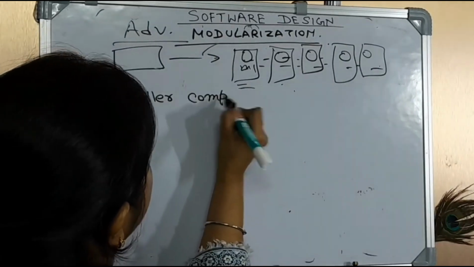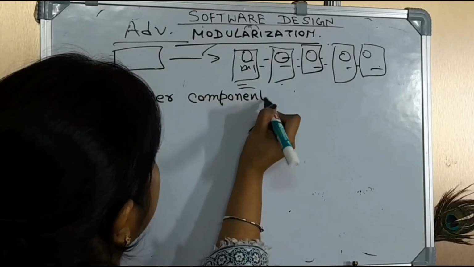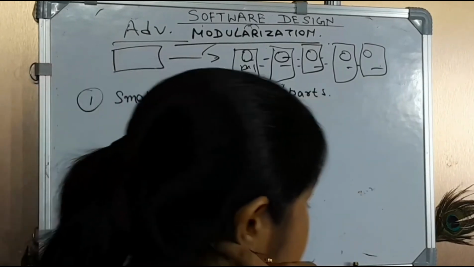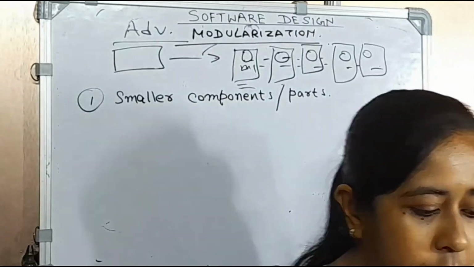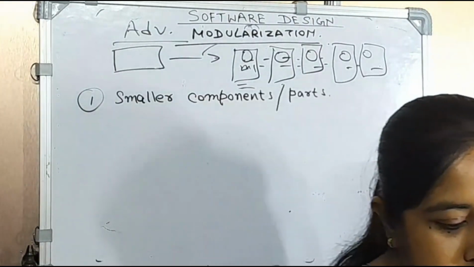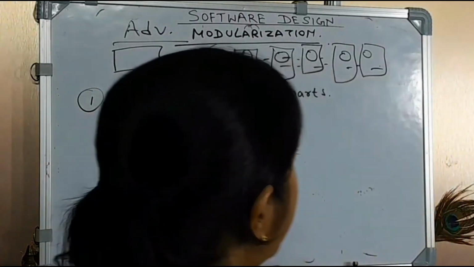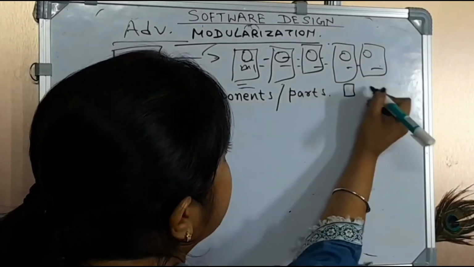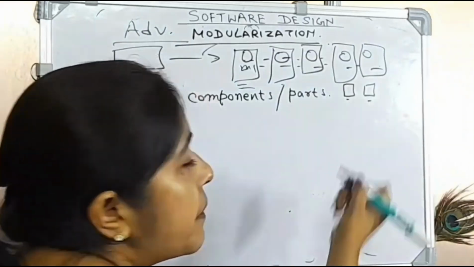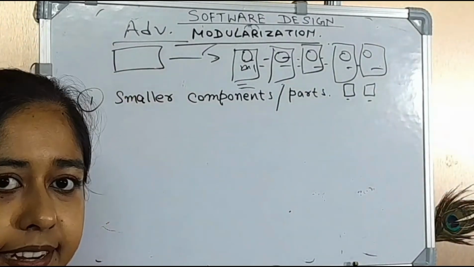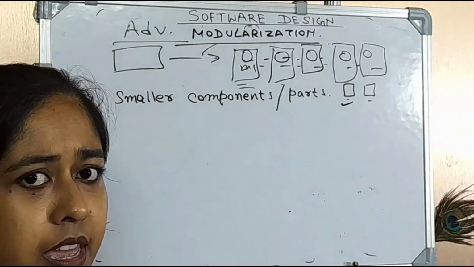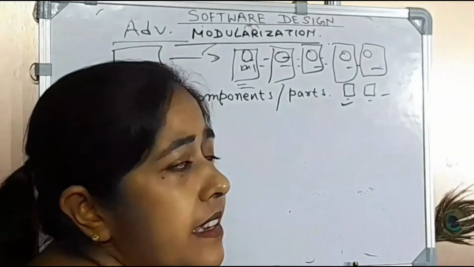When you are working with smaller parts of your system, they are easy to maintain. You can easily execute them. If you have any error or failure, you just correct that one particular module.